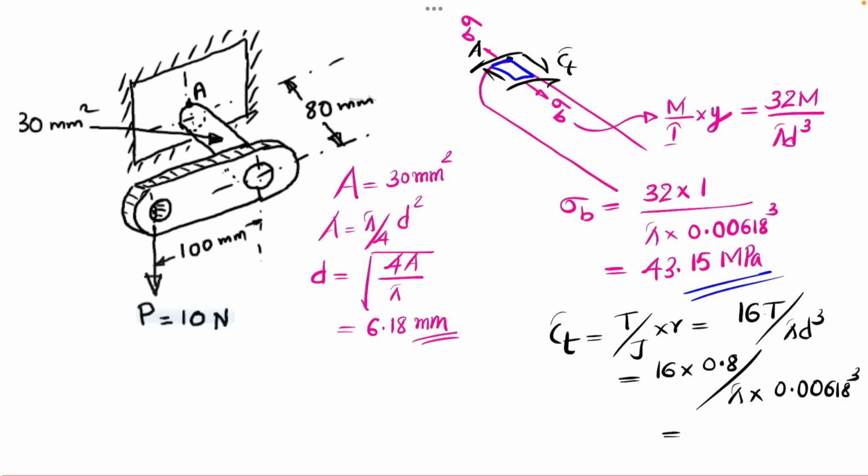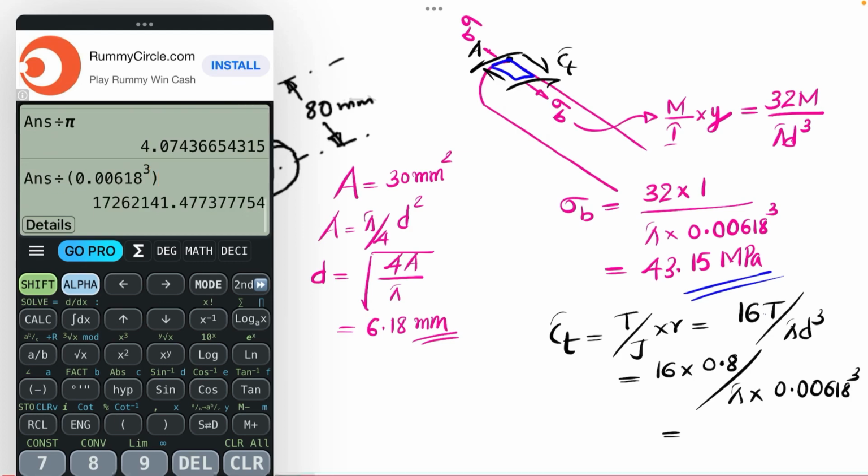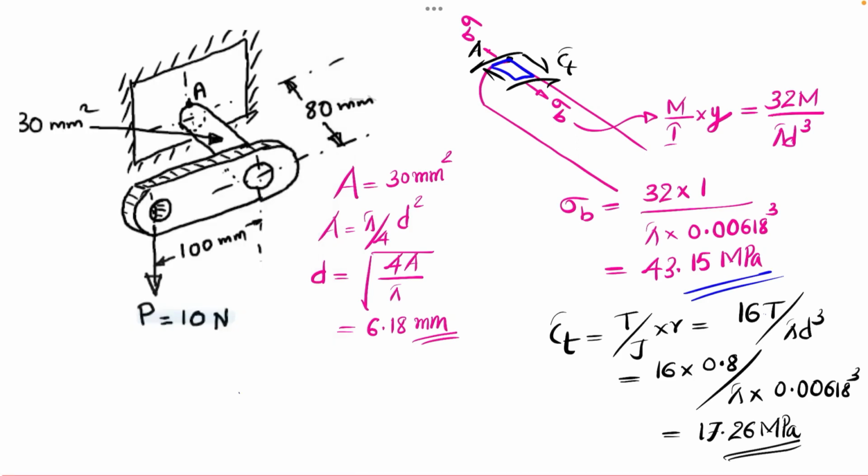Evaluating 16 into 0.8 divided by pi divided by 0.00618 cube, we get 17.26 megapascal. So now we have the stress components.